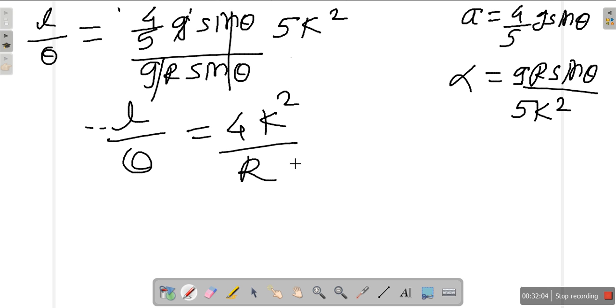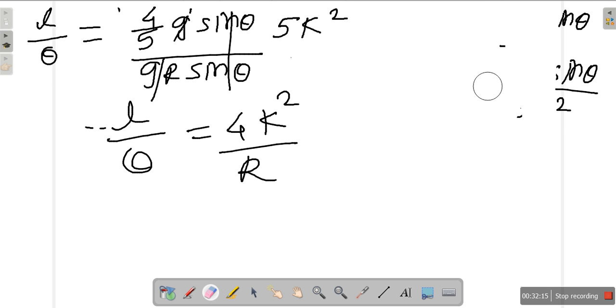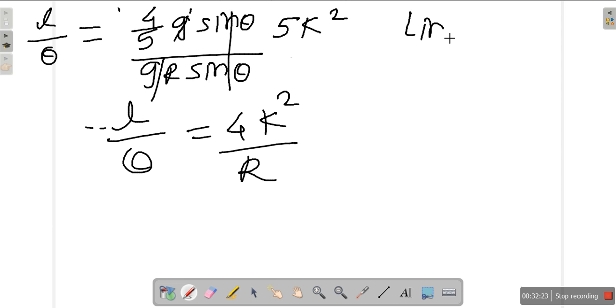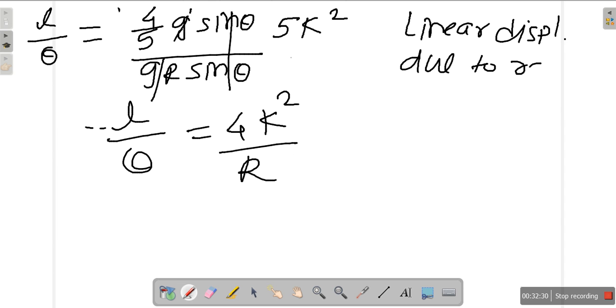Now suppose during rotational motion the linear distance covered due to rotation is S, then you know S is equal to r theta.